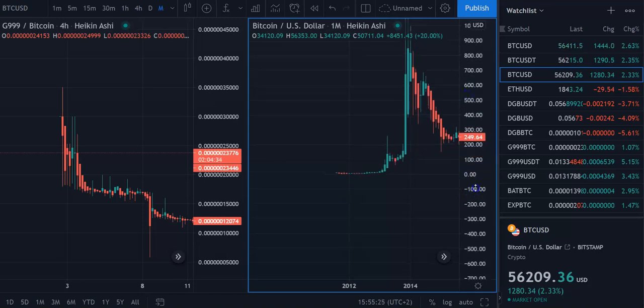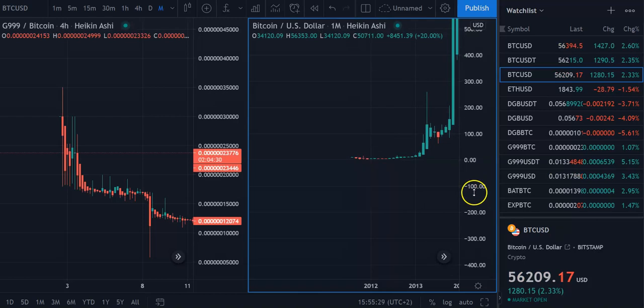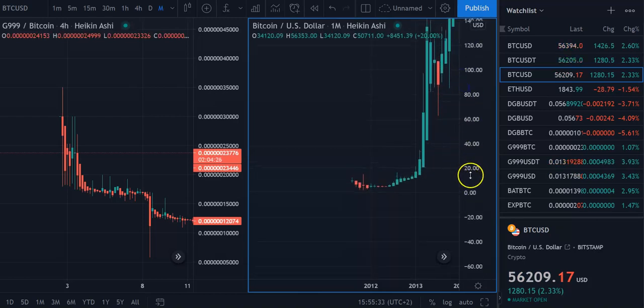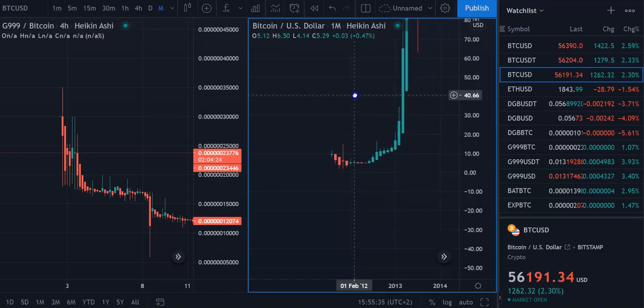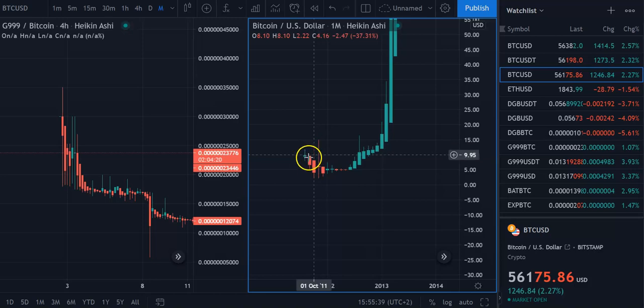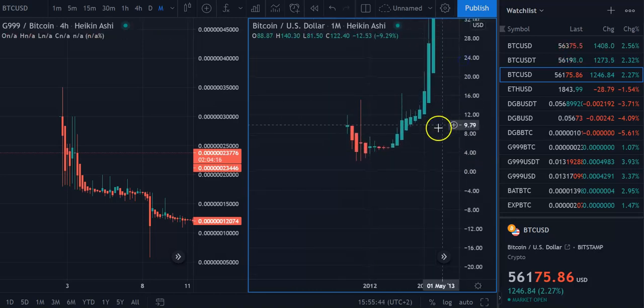And we've got to do quite a bit of zooming in here, because this is 10 years worth of data. So we can have a look here and see that Bitcoin did exactly the same thing. Okay, there was a green candle, but it kind of did the same thing.